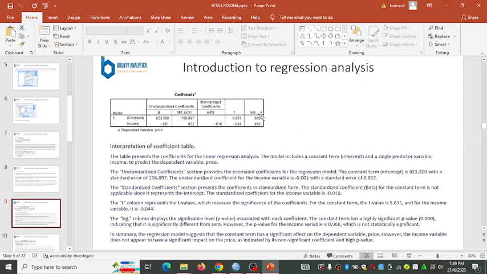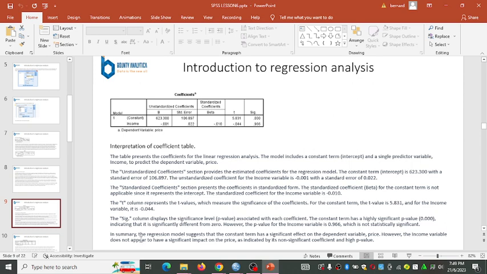And the p-value for income, which is 0.96, is not statistically significant, because the value is greater than the significance value of 0.05. So in summary, this regression model suggests that the constant term has a significant effect on the dependent variable price.